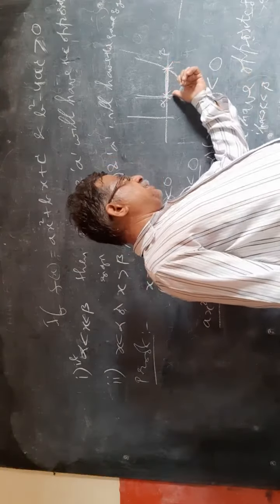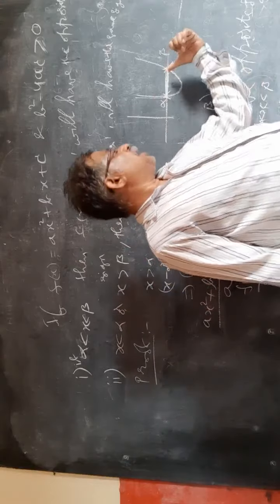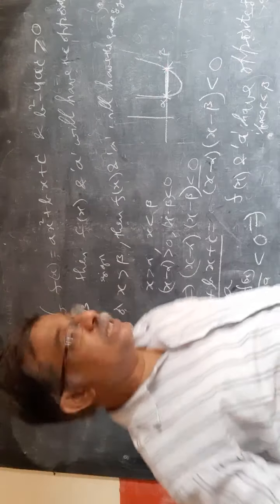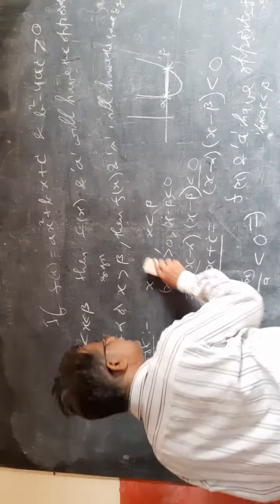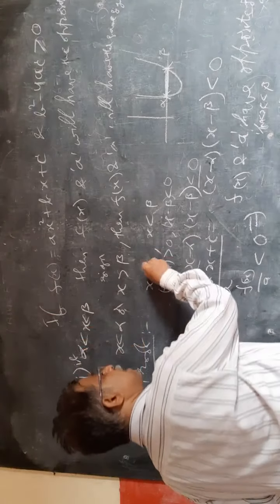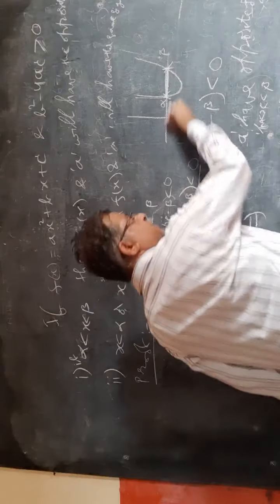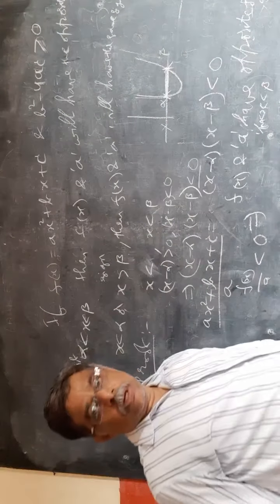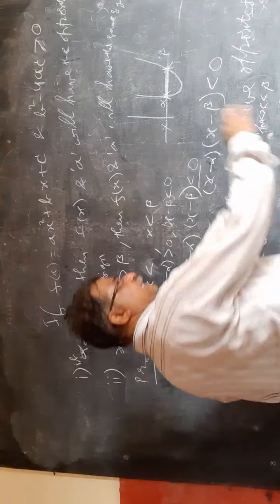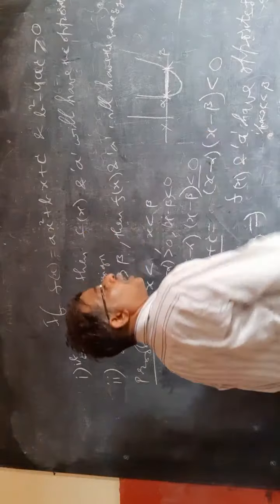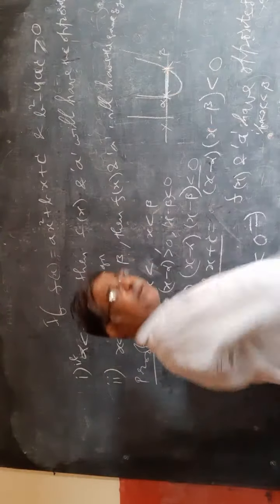What happens if x is on this side of alpha and x is on that side of beta? That is the second case we will do. If x is less than alpha, means x is on this side of alpha. Automatically when x is less than alpha, x is less than beta also.